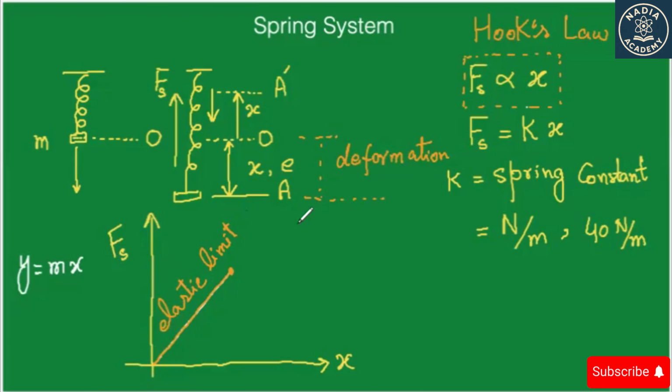And Hooke's law is only and only for the elastic limit, or you can say that Hooke's law can be applicable only for the elastic limit. So we can also state this law that for a material within its elastic limit, the force applied is directly proportional to the extension of the material, or you can say the deformation.